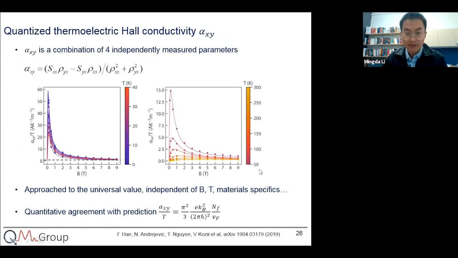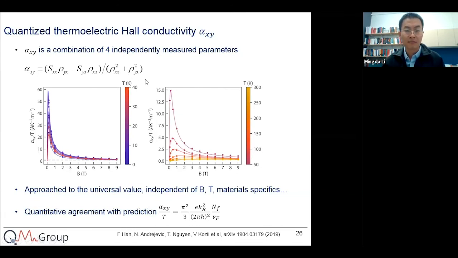So here is our recent experimental work showing these predictions. First, the transverse thermoelectric Hall conductivity. That's actually a combination of four independent parameters, like S_xx, rho_yx, S_yx, and rho_xx. So longitudinal and transverse electrical resistivity and thermal power. And the first thing we show is that it reaches this unified universal constant when we apply high magnetic field and agrees quantitatively with the theoretical predictions.